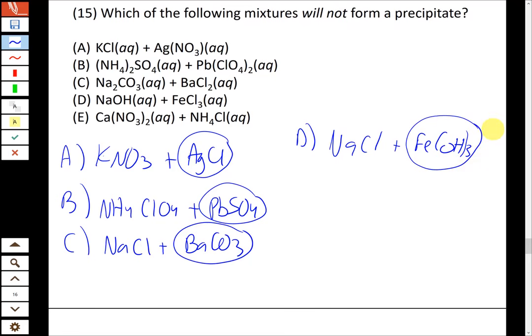So far they've all formed precipitates, so let's see if choice E does not, because there should be one of them that doesn't. The products here are calcium 2 plus with chloride, so calcium chloride, and the other one is ammonium nitrate, NH4 plus with NO3 minus. This second product is a no-brainer. All ammonium salts are soluble, all nitrate salts are soluble.